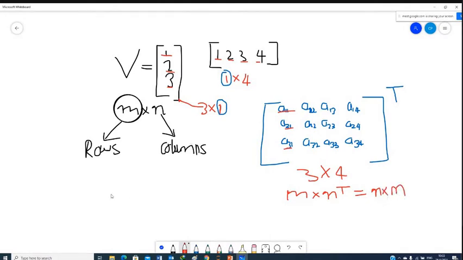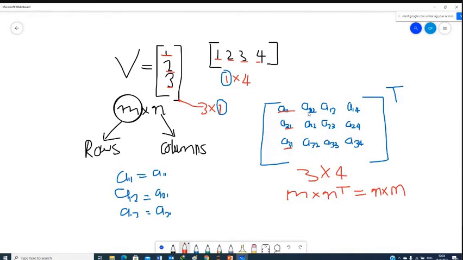So the transpose is equal to N by M. What that means is A11 will become A11. It doesn't change. A12 becomes A21, and A13 becomes A31, and so on, right?